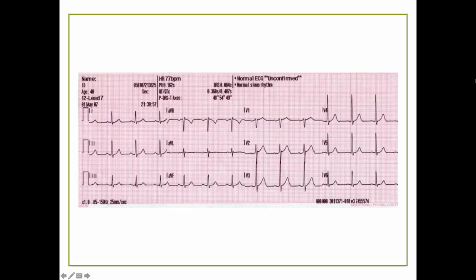So again, something going on here. If we look at axis, lead 1 is up, AVF is upright. We've got a normal axis. AVL I would pick as my isoelectric lead. It's super cute. If we were to look at the numbers, our QRS axis is 54 degrees. That's within our normal bounds. So normal axis on the 2D side, but on our 3D side, there's early R wave progression.